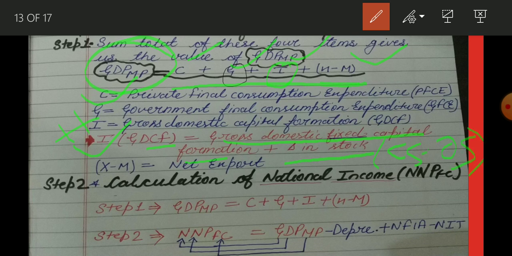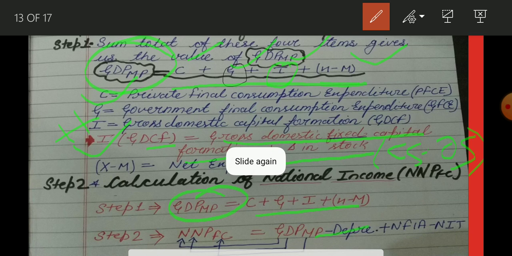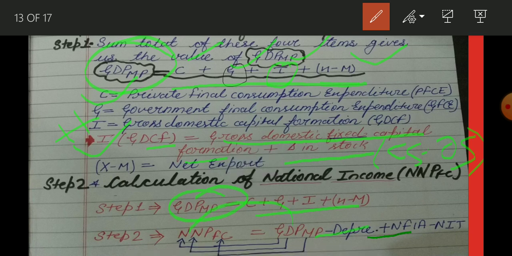Now, when we are using the expenditure method, we get GDP MP when we add these four components. If we want to calculate NNP FC, meaning national income, we have to make adjustments. When moving from gross to net, we subtract depreciation. When moving from domestic to national, we add NFIA.